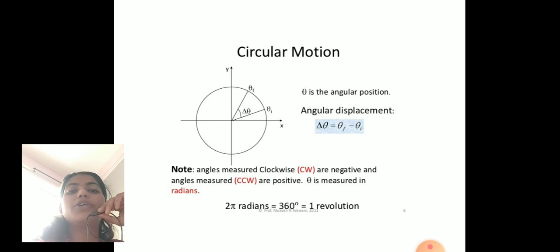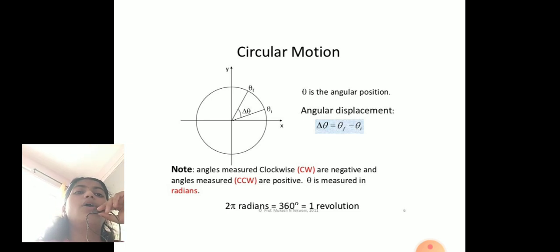It means that the measure of angular displacement is denoted by delta theta equals theta f minus theta i. Here theta f is the final position and theta i is the initial position. The body is first in position i, and then goes to position f, the final position of angular displacement.